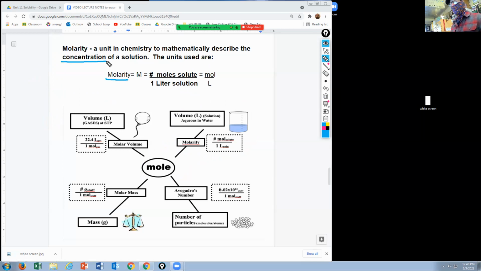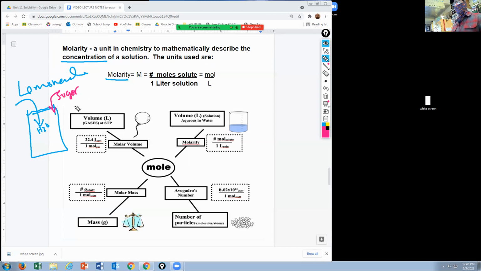Very quickly, what does it mean to be concentrated? Well, let's say that we make lemonade, and you sit there and you're like, oh man, it's way too sugary. What do you do if your lemonade is too sugary? Well, you're going to add more water. And then if you're like, whoa, I added way too much water, then you're going to come back and say, I need to add more sugar.